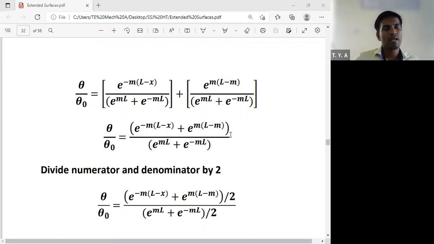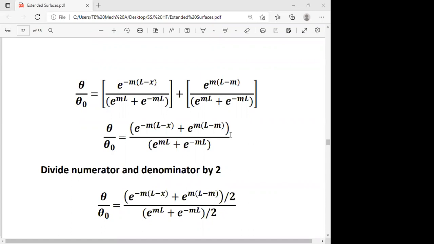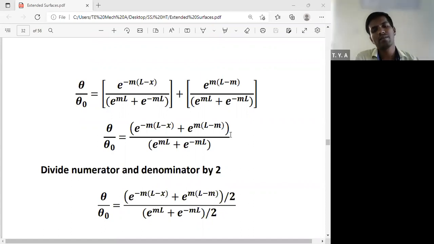Okay, we wrote the formulas yesterday. From those formulas, instead of this e raised to minus m into bracket L minus x plus e raised to m into bracket L minus x by 2, what can we write? See the formulas I wrote for you yesterday. What will come at the numerator and what will come at the denominator?